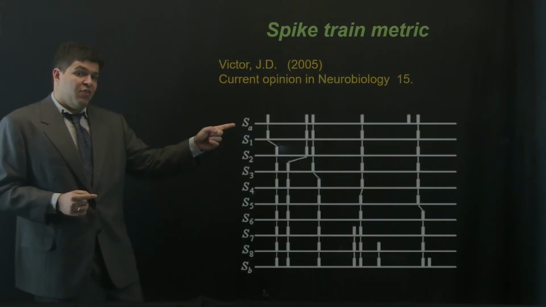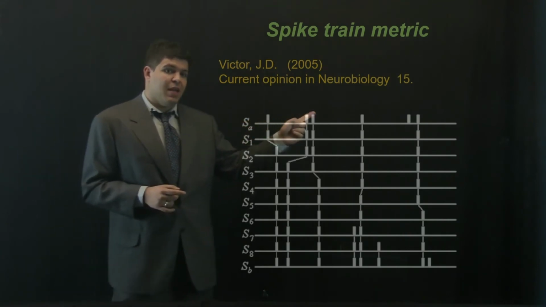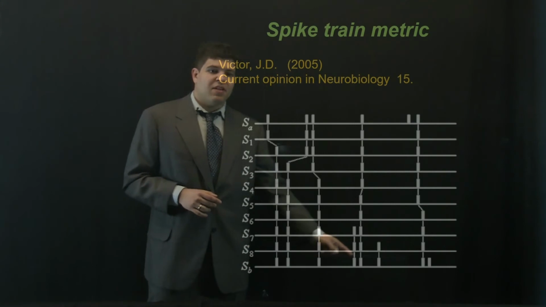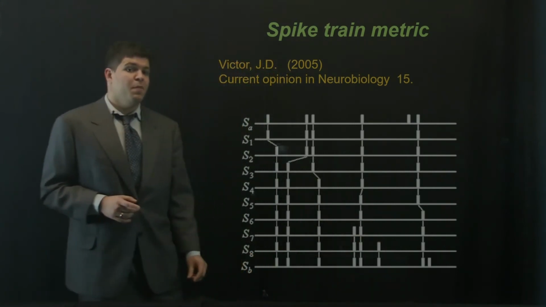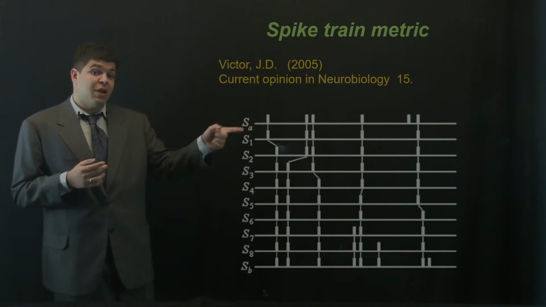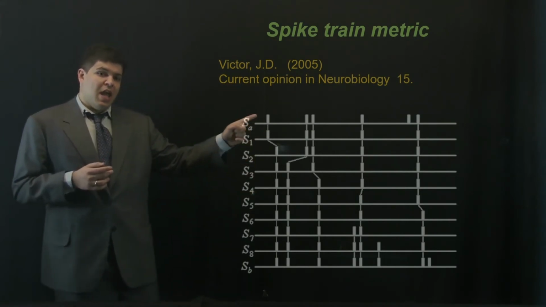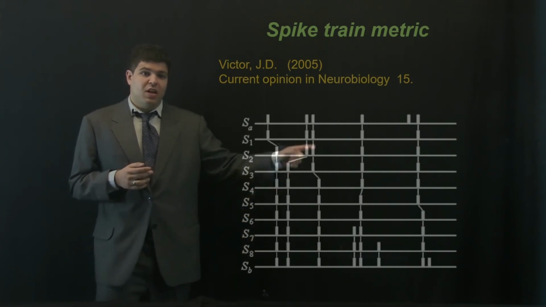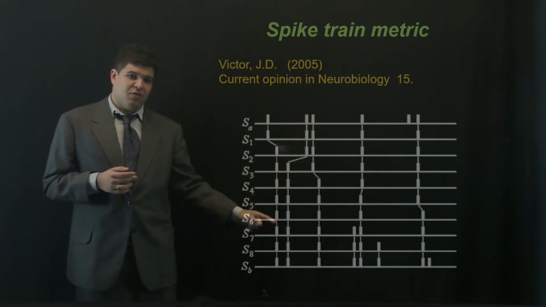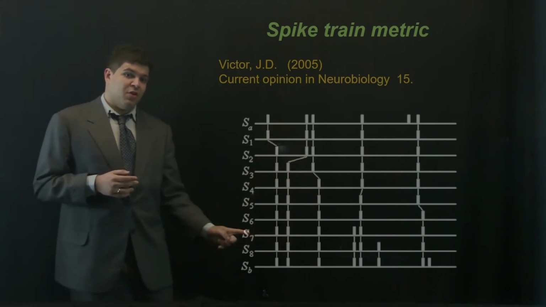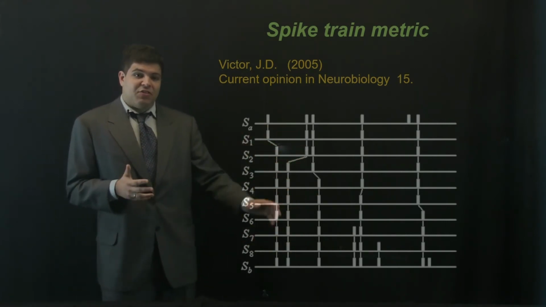So here is spike train A given by these spikes over here, and here spike train B given by these other spikes over here. Okay. And the idea is, how far is this spike train from this one? And you see, this guy wants to be shifted. Here you want this guy to be shifted a little bit as well. Here you want this guy to be shifted a little bit. So these guys just got shifted.